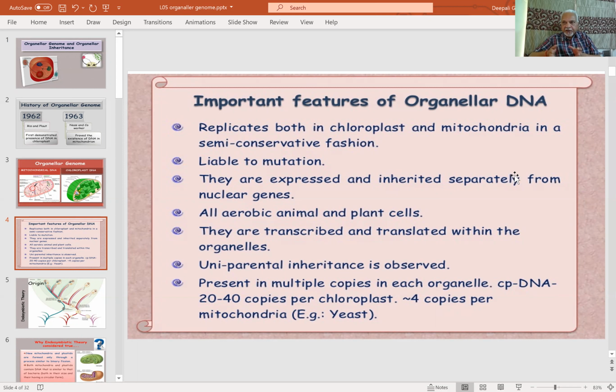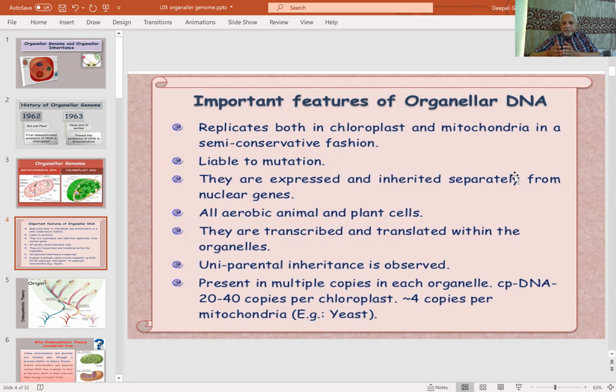So there is no difference in that. And wherever DNA is, it is liable for mutation. Like nuclear DNA, organellar DNA is also liable for mutation. But then they are expressed and inherited differently from the nuclear genome. We will see that later on.